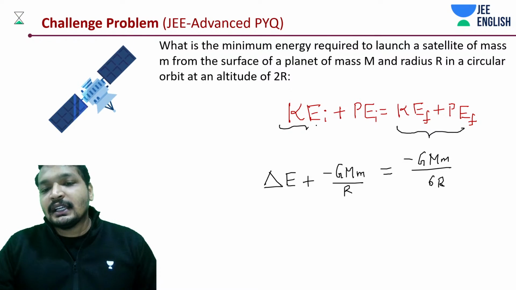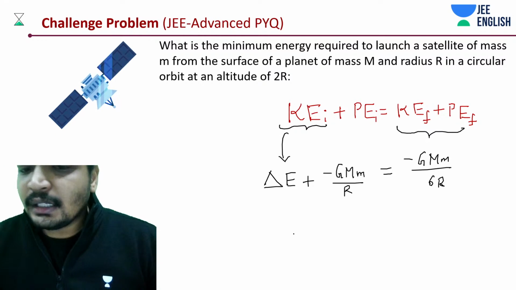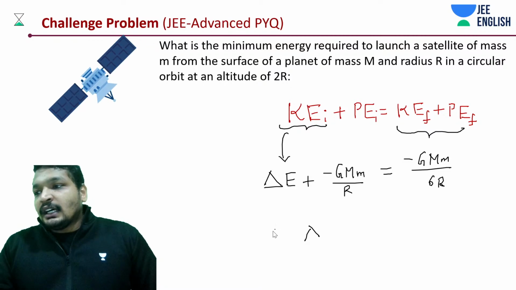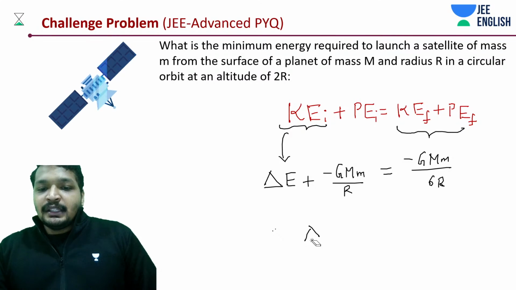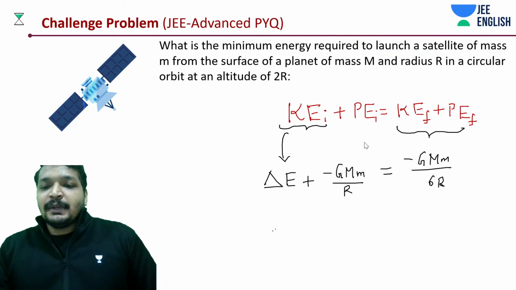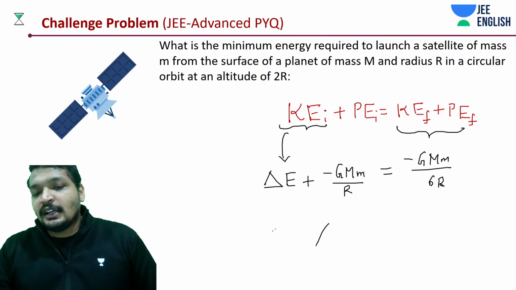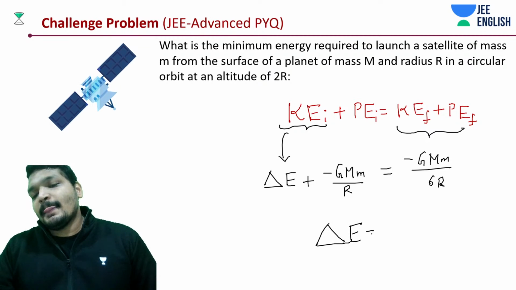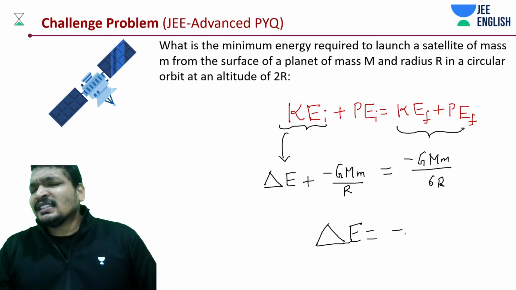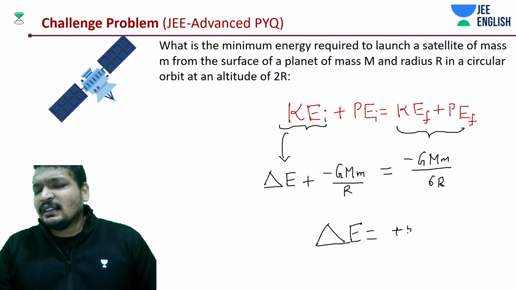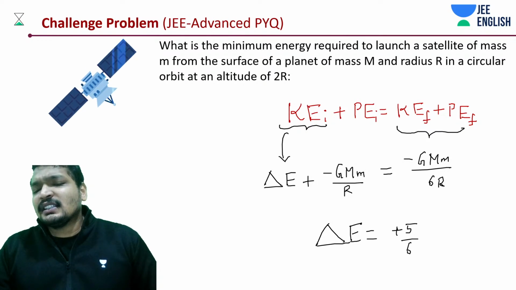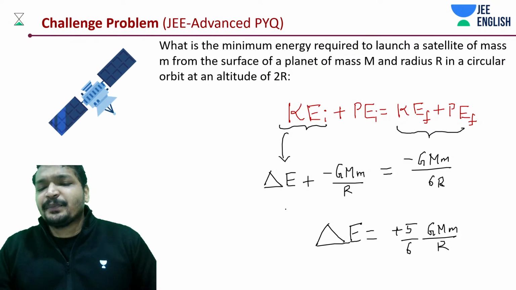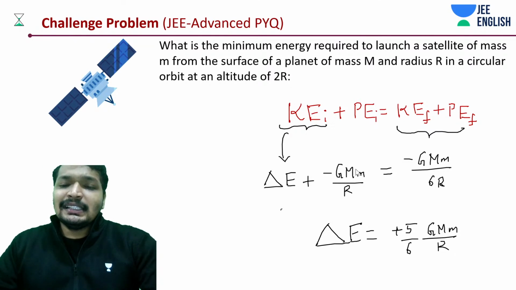Delta E is nothing but this kinetic energy. Basically delta E from these both things, it's really very simple. There is no rocket science in this particular question. So it's plus 5 by 6 GMm by R. That's it. Easy as that, students.